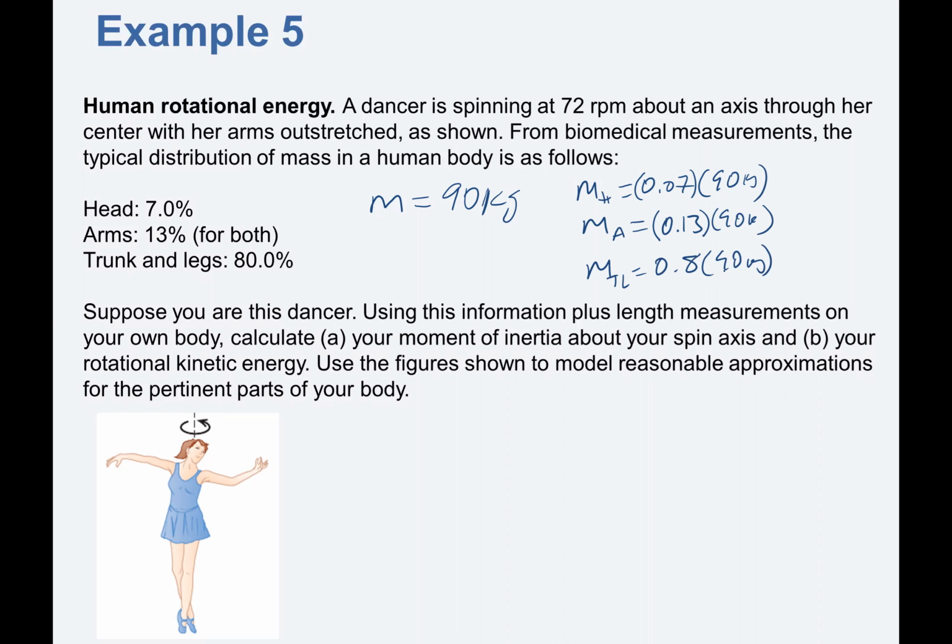Now we can also have the head. The head is kind of like a sphere with a radius of, let's say, 0.08 meters. Okay. And trunk and legs we can model as a uniform solid cylinder with a radius of, let's say, about 12 centimeters, so 0.12 meters.